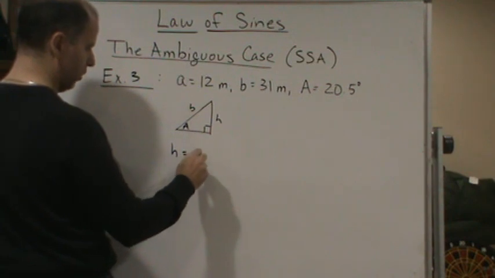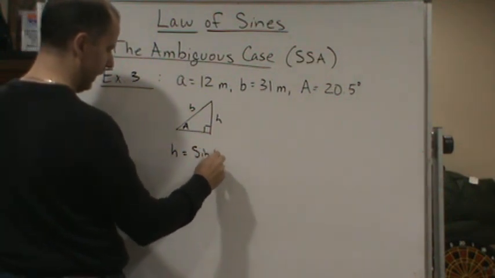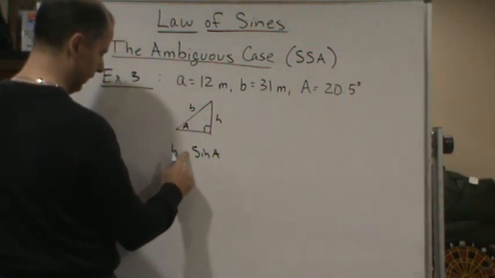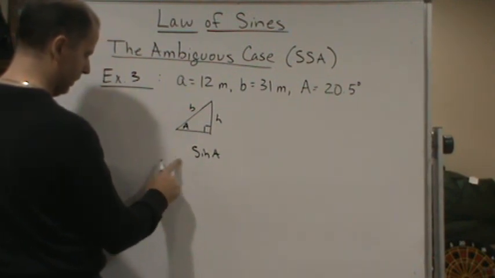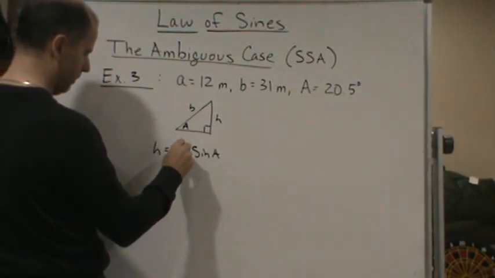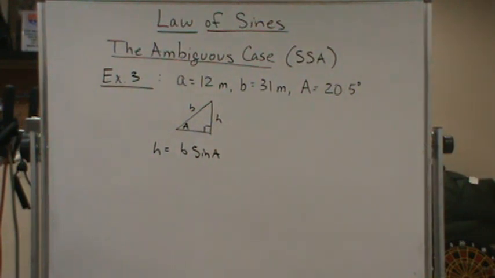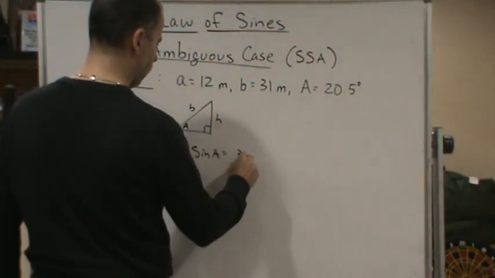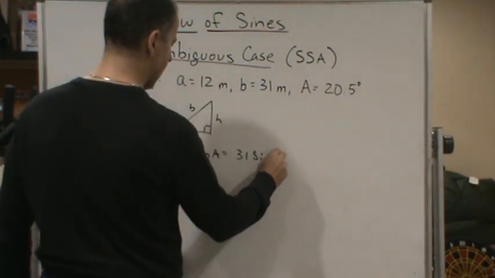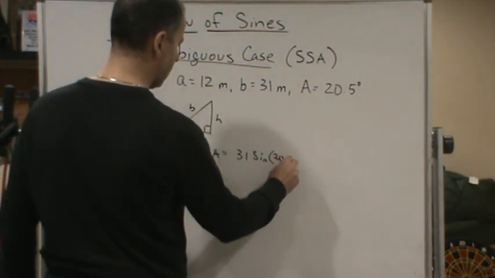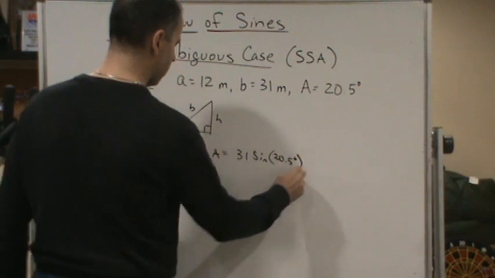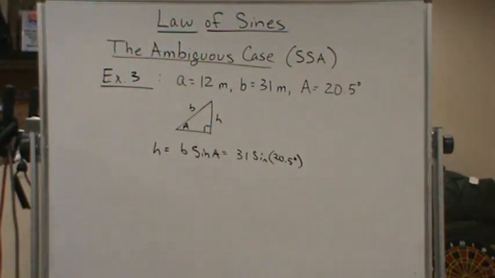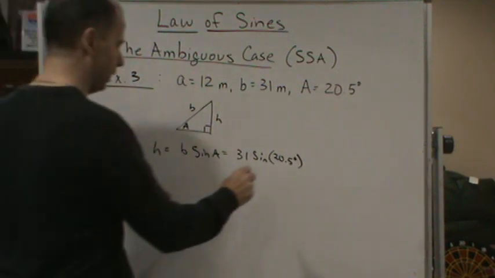So h is going to be what? Sine A times b. So b times sine A, okay? Which is going to be 31 times the sine of 20.5 degrees, okay? And so when we do that, we get approximately 10.86 meters.